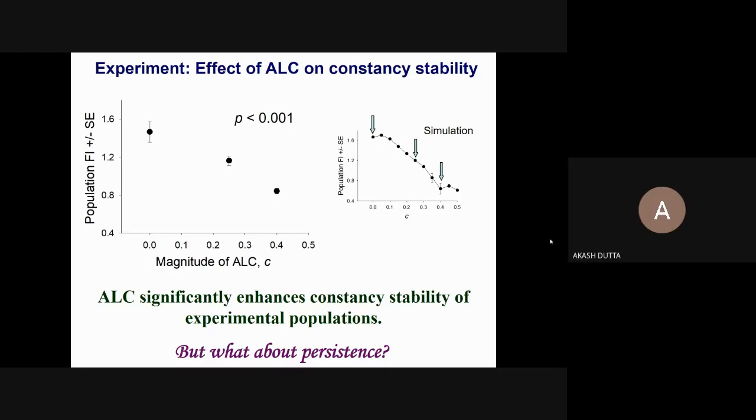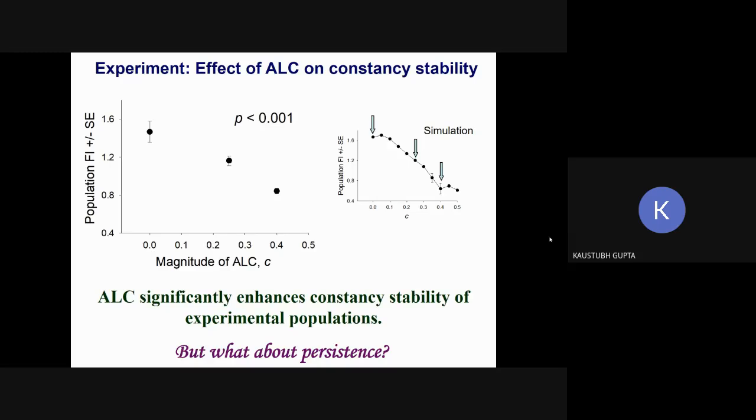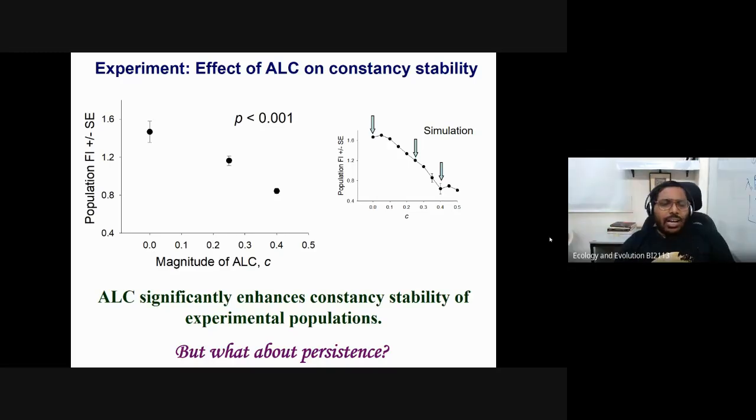So, this was about the concept. Sorry, what is the P here? P less than 1 by 1000. Okay. So the point is that whenever this is experimental data, we have to show that this point is statistically different from this point and from this point and so on.